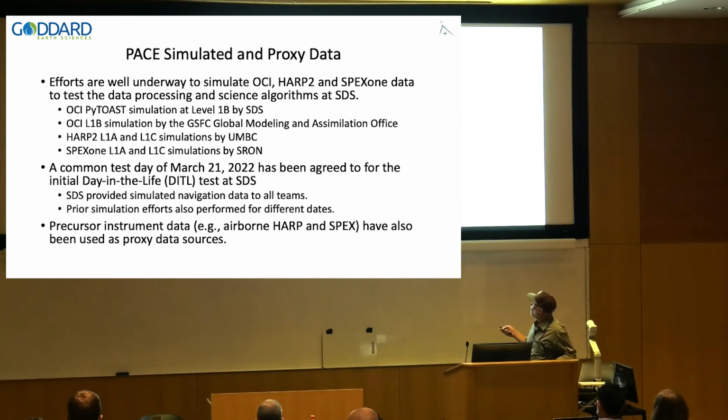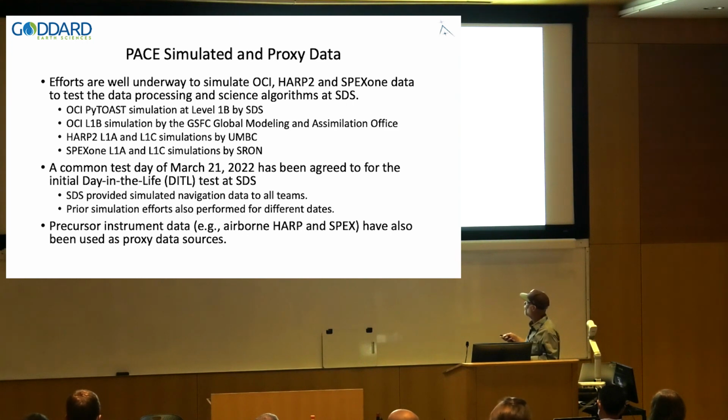Okay. So anyway, we've been working with all 3 teams. We gave them simulated spacecraft navigation, so they can all use the spacecraft at the same time, looking in the same direction, and so on. We've done some previous simulations on earlier dates, but this is the first attempt we've made to do a common date for all 3 instruments.